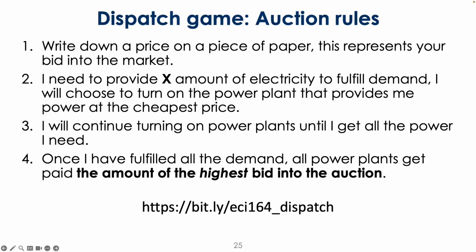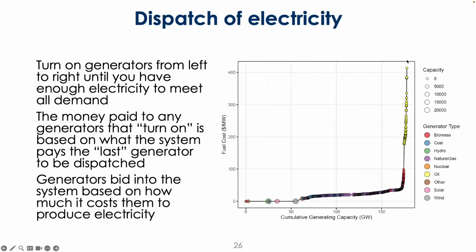So in reality, when we get to this portion of our dispatch curve, you'll notice the prices are much higher. They can't literally bid an infinite amount of money, because that would destroy the system. There's actually a price ceiling in the electricity market to prevent this from happening.